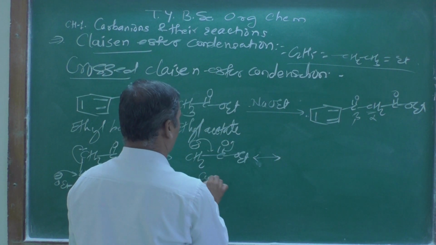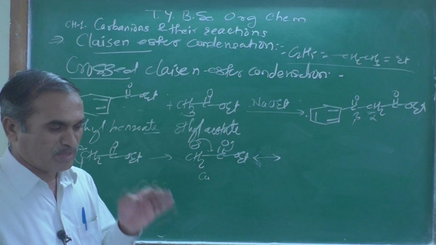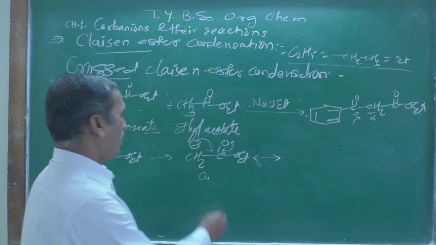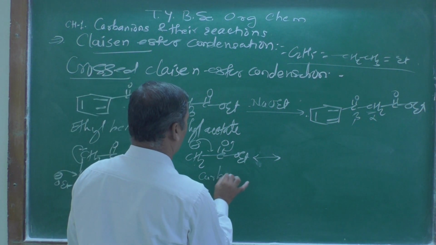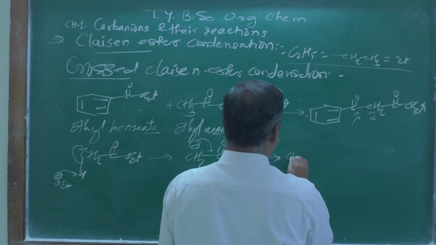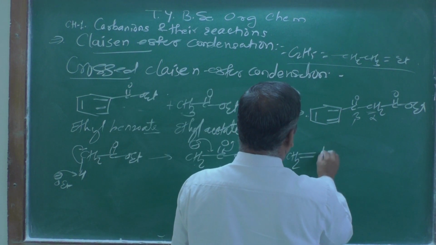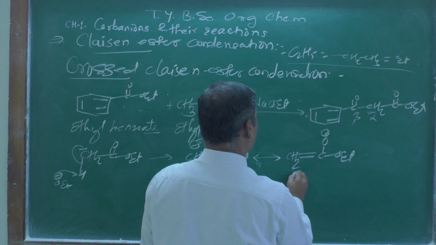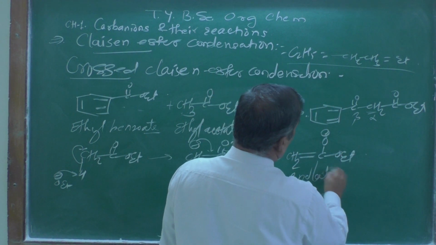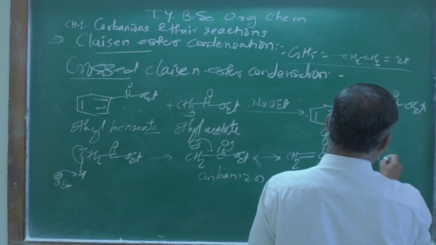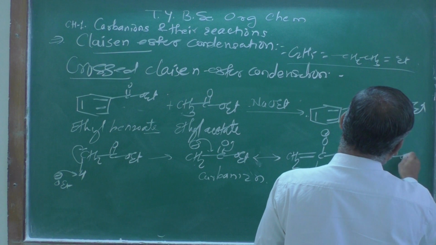This species, where carbon carries a negative charge, is known as a carbanion, and therefore this carbanion, what is going to happen? You are going to get here CH2 double bond C, O minus and OEt, like that, and this species is known as an enolate, right? And this enolate is further treated with acid, I am writing in short, C double bond O, OEt, right?